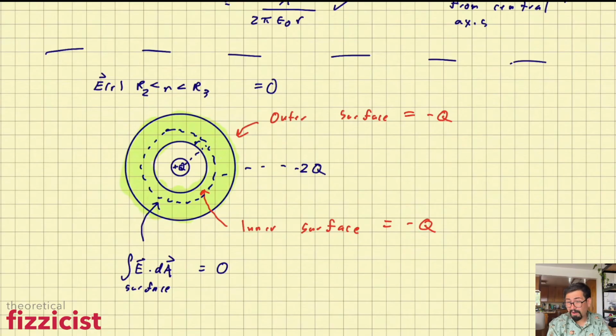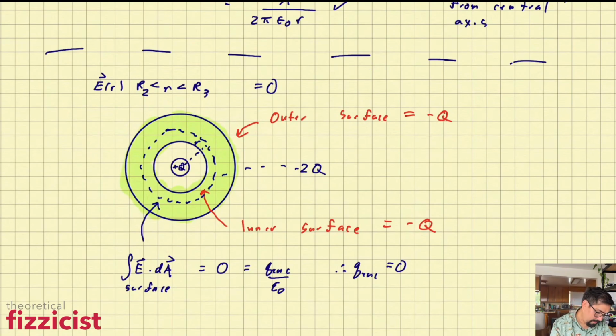Again, this is just the property of conductors in static equilibrium. But then that means Q enclosed over epsilon naught also has to equal 0. And since permittivity can never be equal to 0, after all, it's just a constant of the universe, the only conclusion I can draw is that Q enclosed has to equal 0.